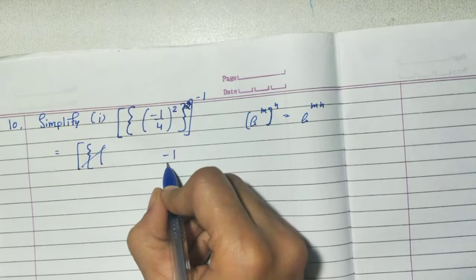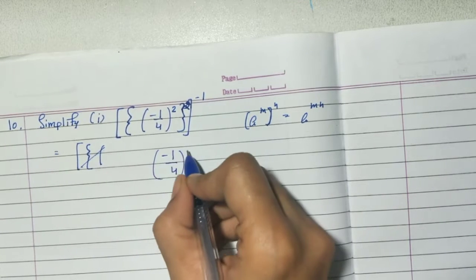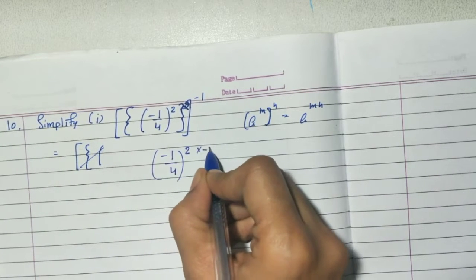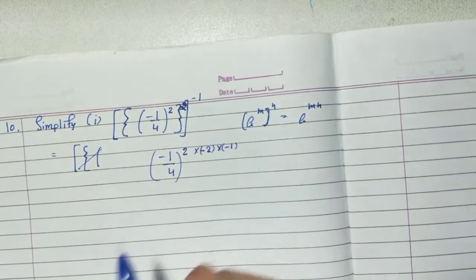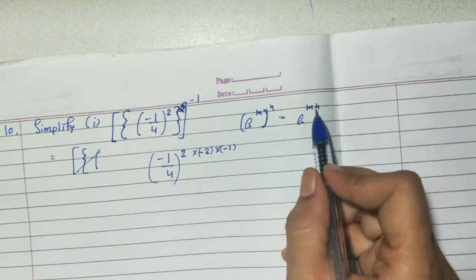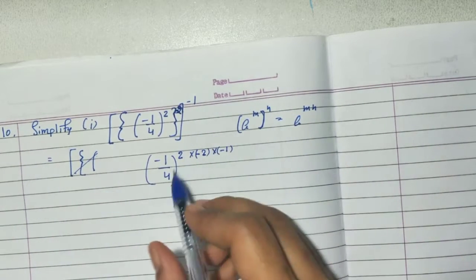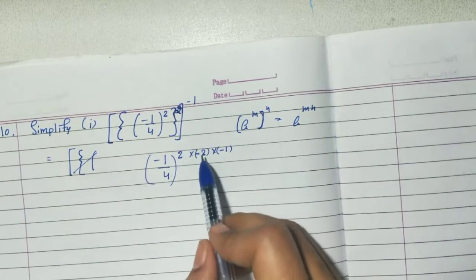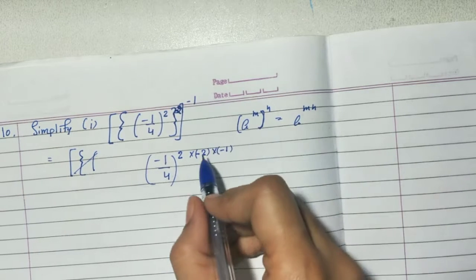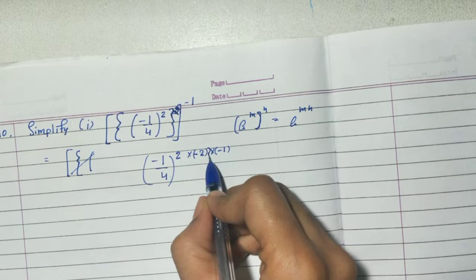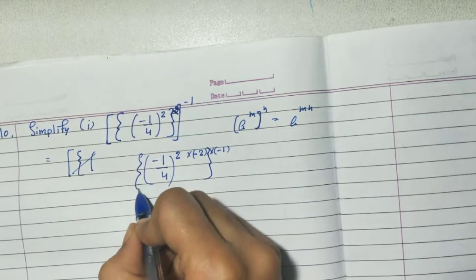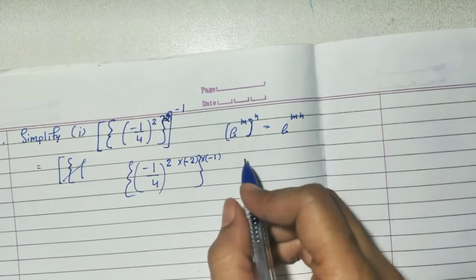Just take (-1/4) exponent 2 multiply -2 multiply -1. It's (a^m)^n is equal to a^(mn), true for all. First you will multiply both of these, then multiply this. You can follow this also, like first 2 into -2, then take curly bracket here, and then we will multiply by this in the next step.